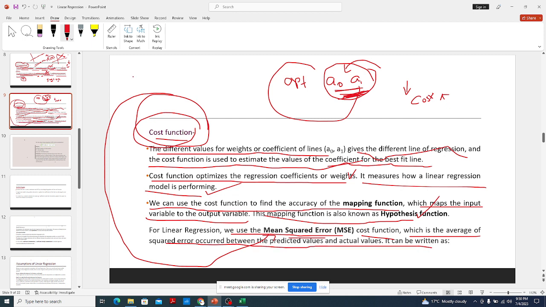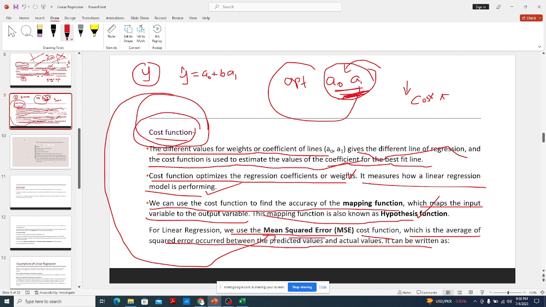Let's assume these are the actual values, y, and ŷ are the predicted values.